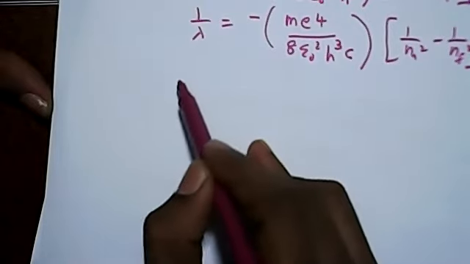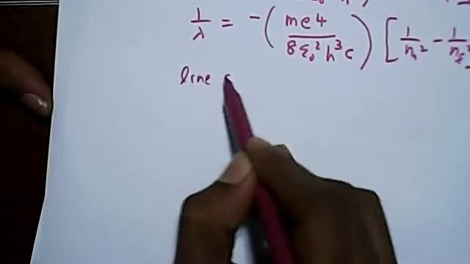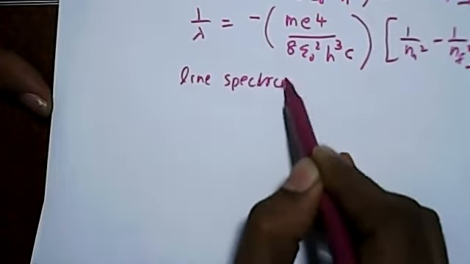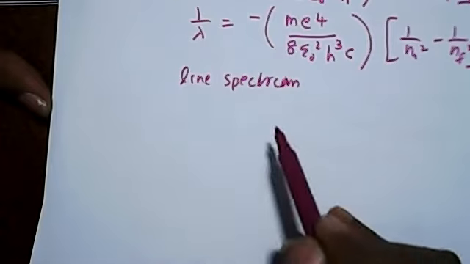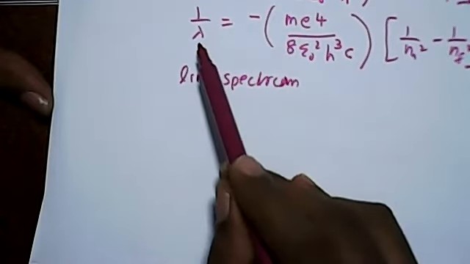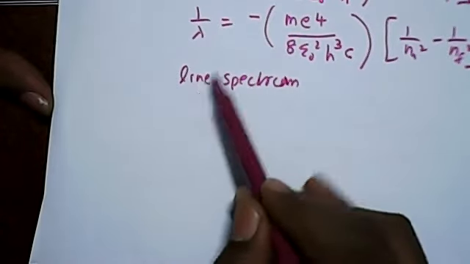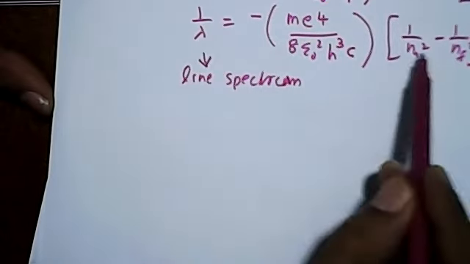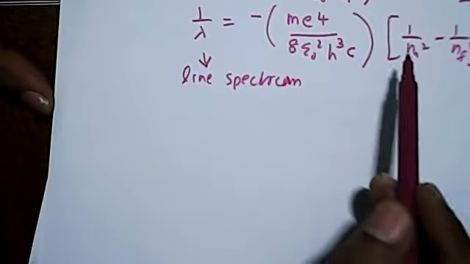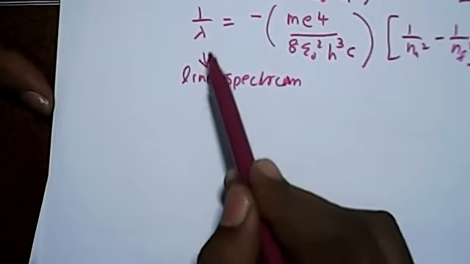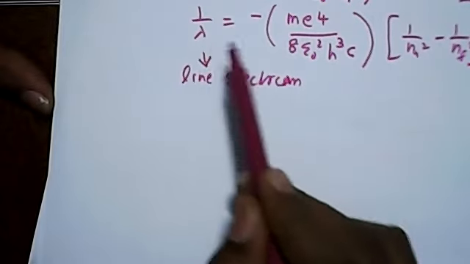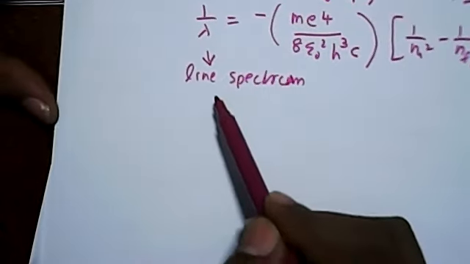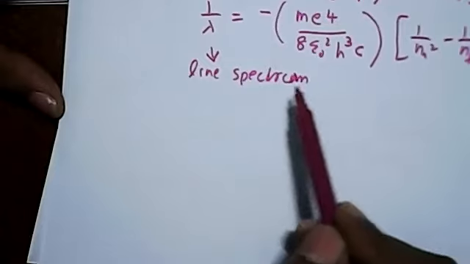You will get a line spectrum. The spectrum will be a single line corresponding to this lambda. For a particular transition, only a single wavelength is emitted, so you will get a single line in the spectrum.